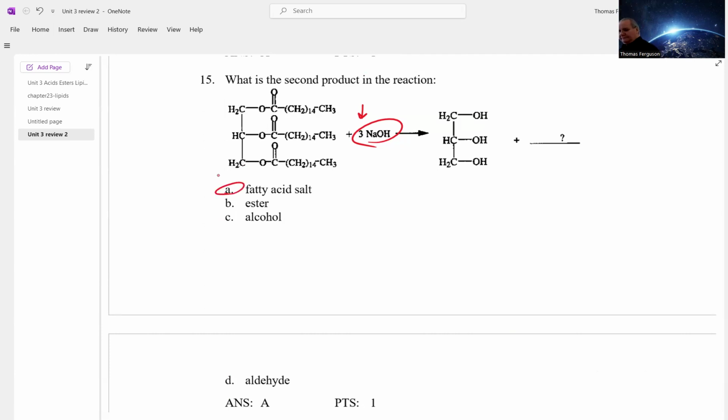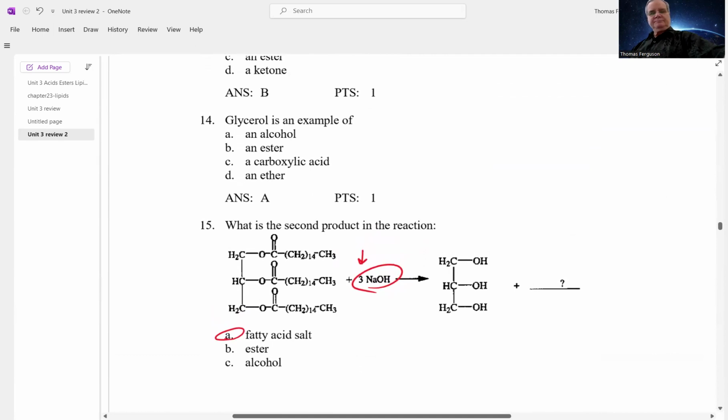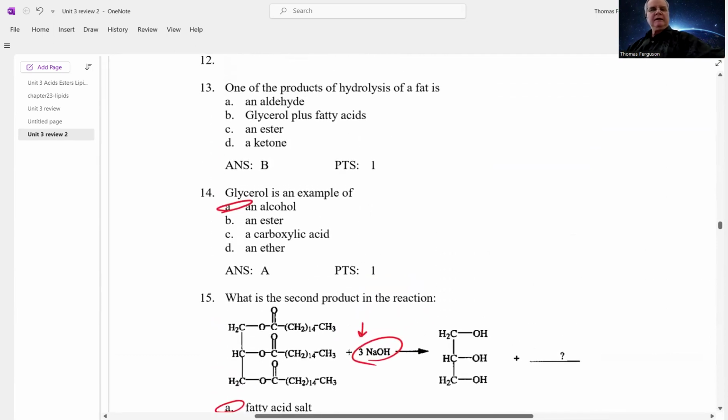This is going to be A. So remember, ester plus base or alkaline gives you the acid salt and the alcohol. Glycerol is an alcohol.